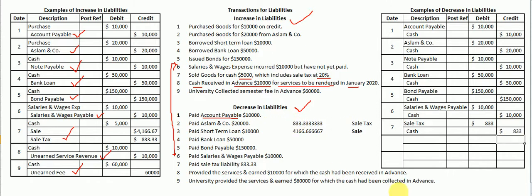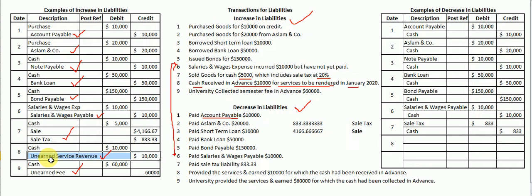Okay, next, number 8, we have provided the services and earned $10,000 for which the cash had been received in advance. So dear students, in this number 8, you have received $10,000 in advance. So look here, you have a liability of unearned service revenue $10,000. Now you have provided the services.